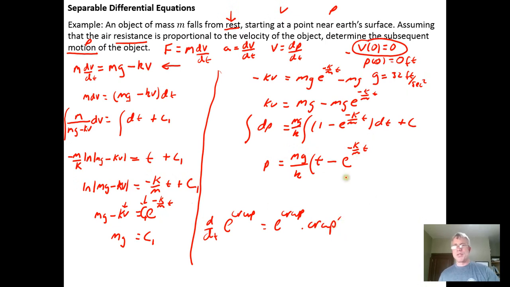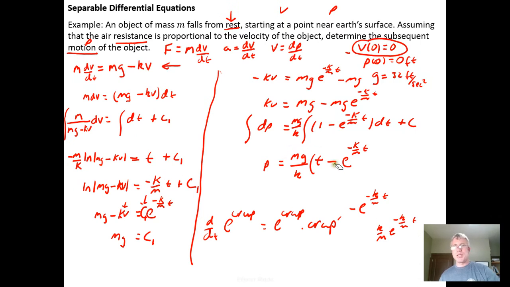So when I take the derivative of this, trying to get this back, what I see is that when I take this minus e to the minus k over m times time, if I take the derivative of this, I'm going to get minus, and I'm going to get minus again, k over m times e to the negative k over m times time, and those will cancel and give me a positive k over m, which isn't what I have here.